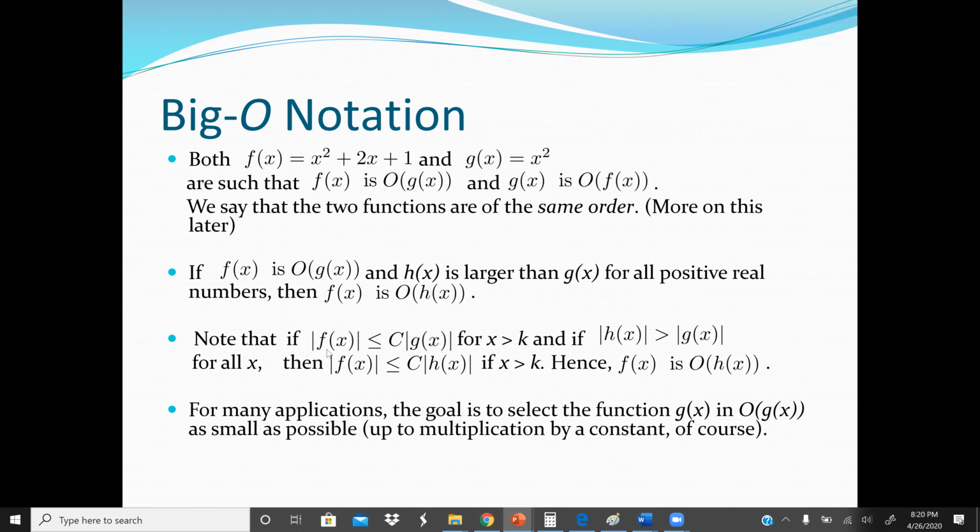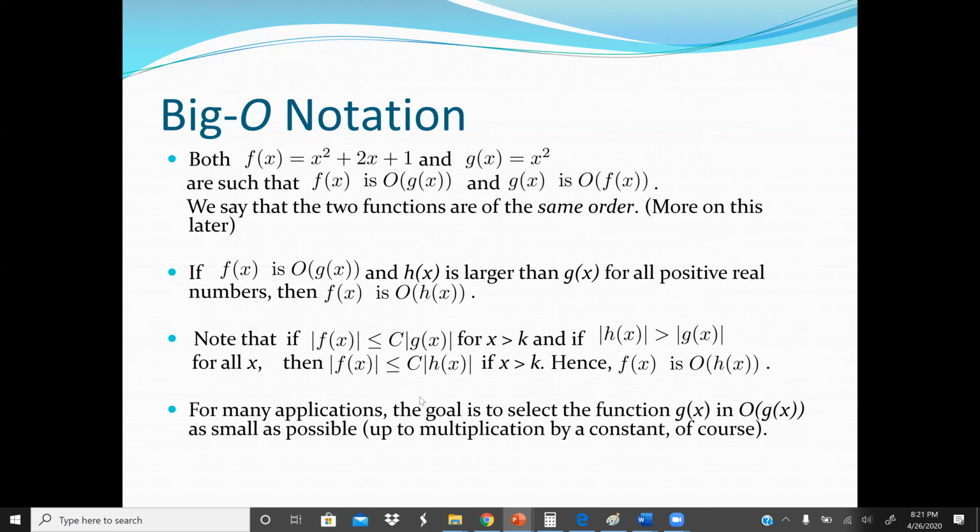Also, if F at X is less than C times G at X for X greater than K, and if for all X, H at X is greater than G at X, then we can say that F at X is less than or equal to C times H at X if X is greater than K, as the condition said here. So hence we can say that F at X is big O of H at X.